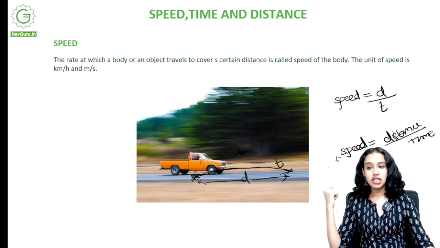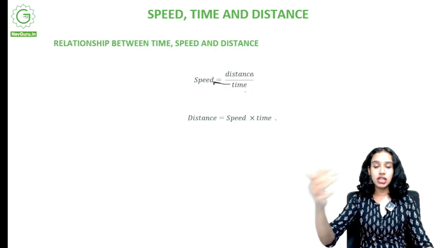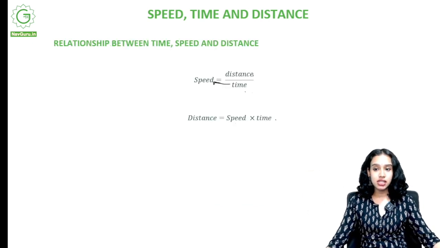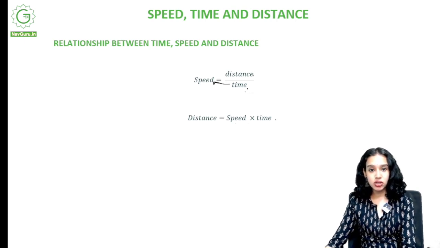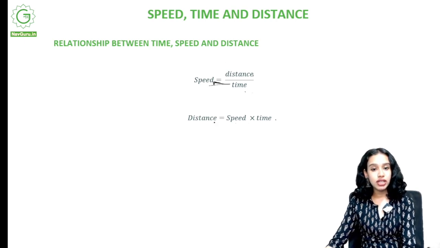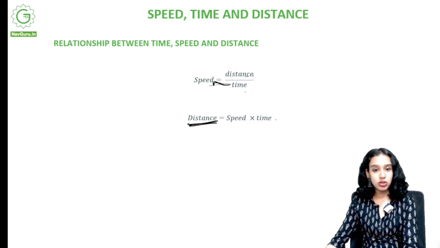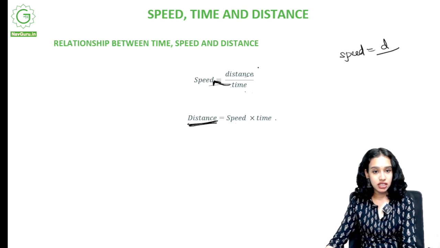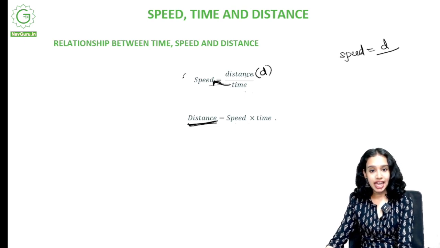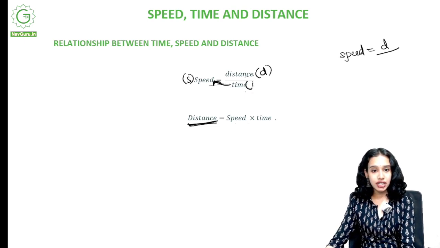Got it? Now, let's see some relationship between time, speed and distance. We know that speed is equal to distance by time, right? Which I told you right now. Now, how do we calculate the distance? Distance is equal to speed into time. Got it? I'm denoting distance by d, speed by s, and time by t.